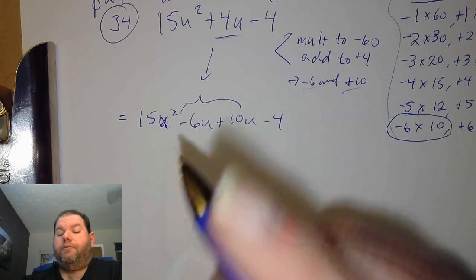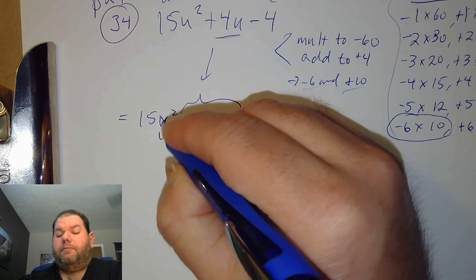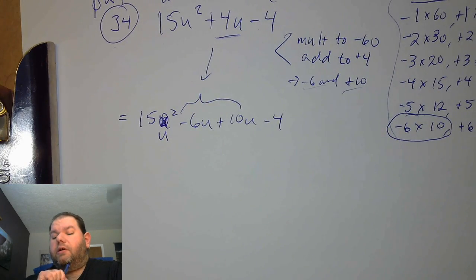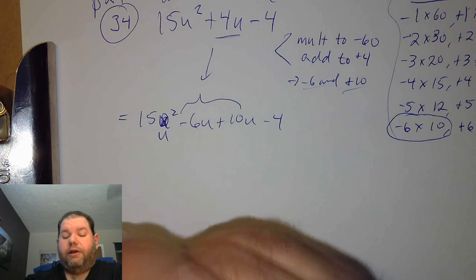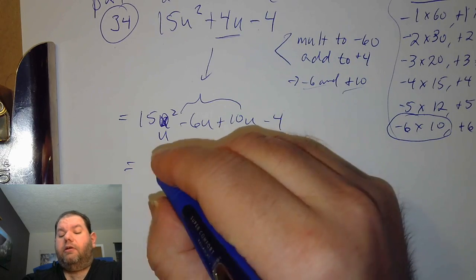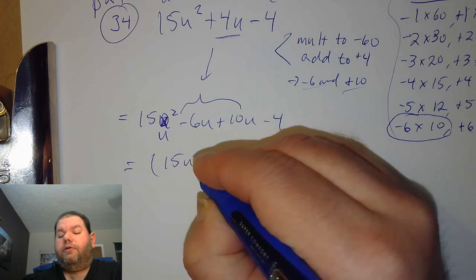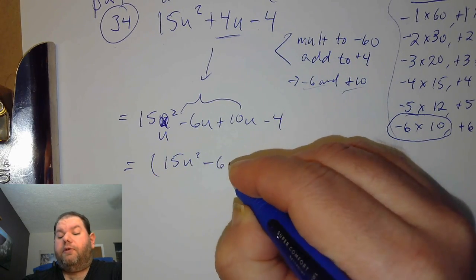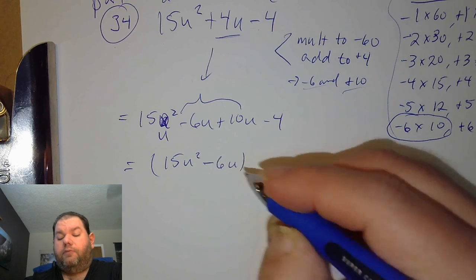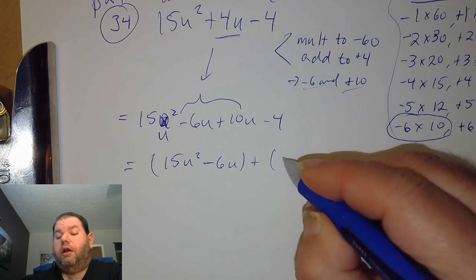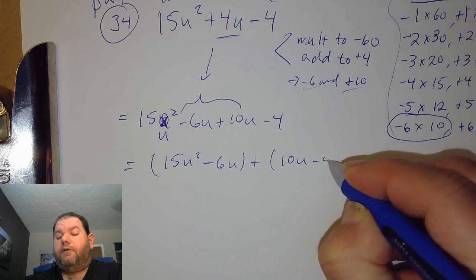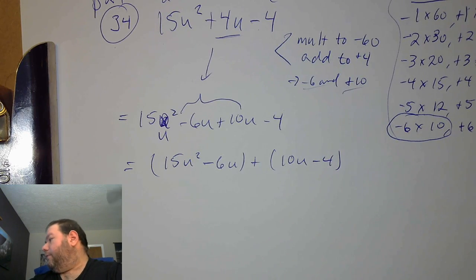Now, from that point, we use a process called factoring by grouping, which we outlined last time, in which we group the first two terms together, and we group the second two terms together, such as this.